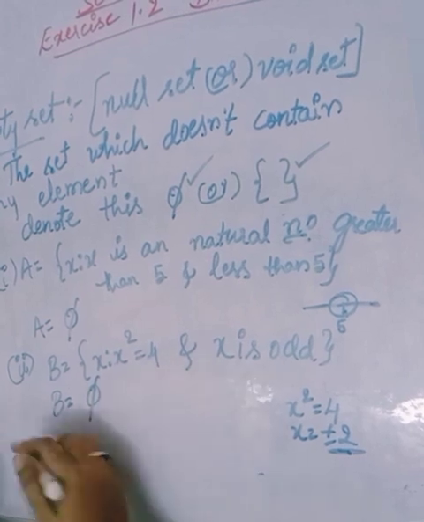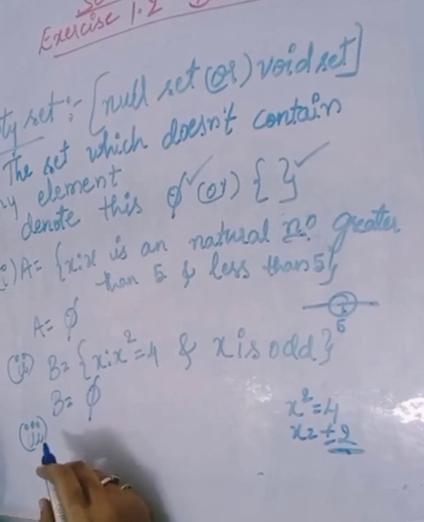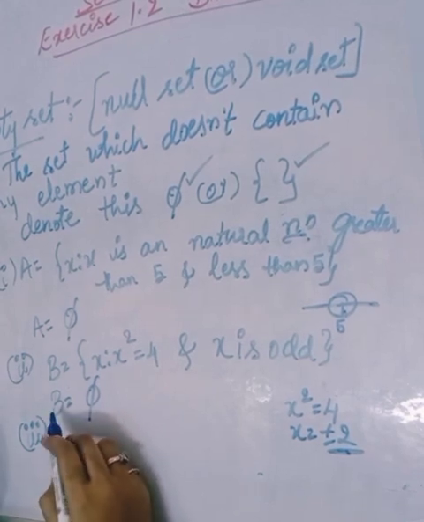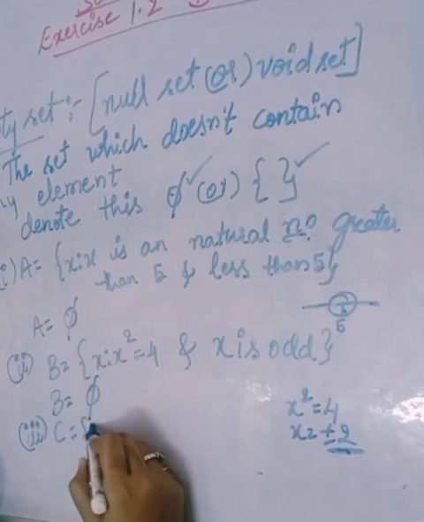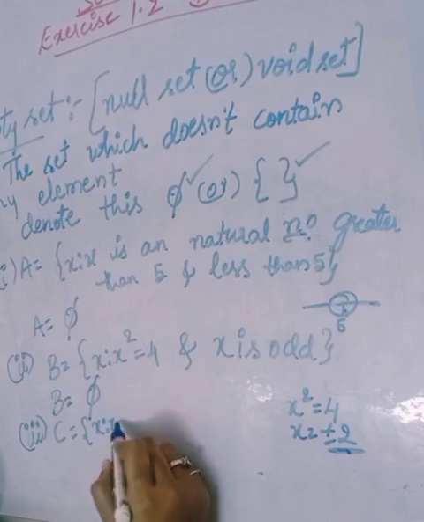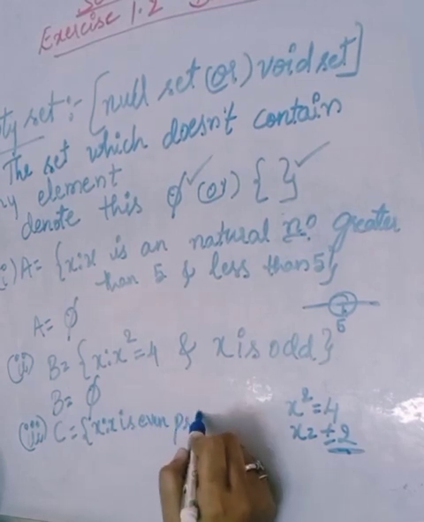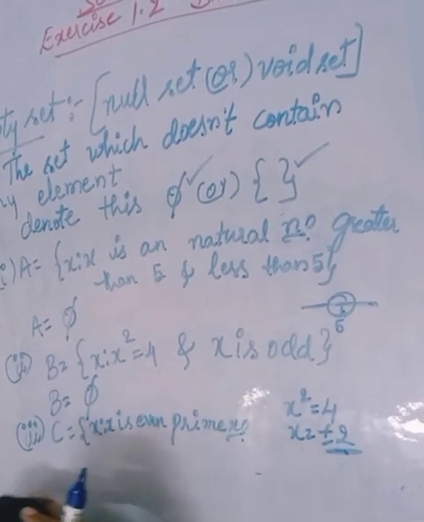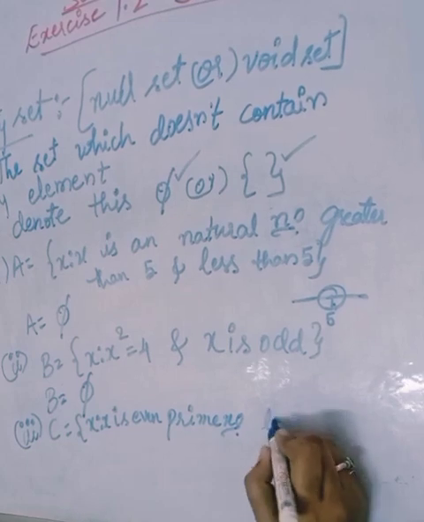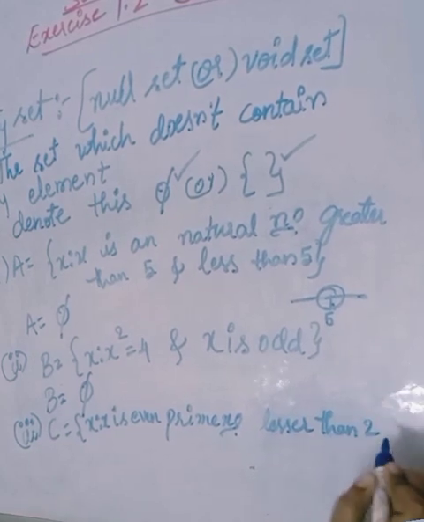Next, another example. C is equal to {x : x is an even prime number less than 2}.